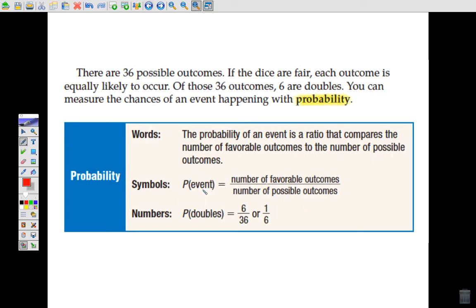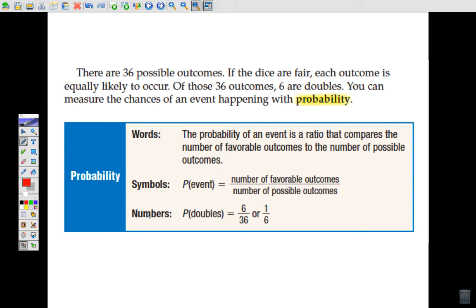The probability of an event happening is the number of favorable outcomes over the number of possible outcomes. The favorable outcomes in this case is getting doubles. We realized there were 6 of them, so the number of favorable outcomes is 6. The number of possible outcomes is 36. So the probability would be 6 over 36. We want to make sure it's reduced, so we say 1 over 6.